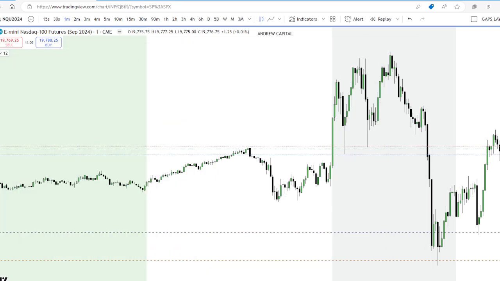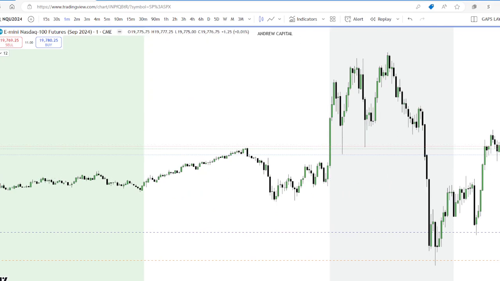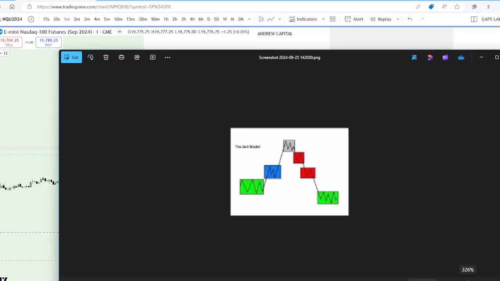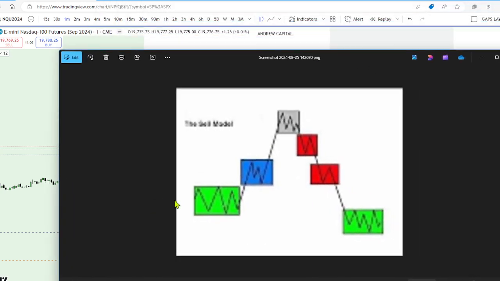Now, the way we framed this is using the market maker model. It's a little bit blurry, but we can see here, this is a sell model. We have our original consolidation in green here. We have our accumulation in blue, break and retest essentially.